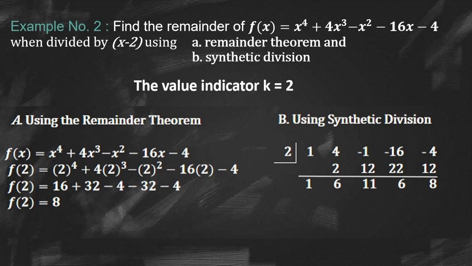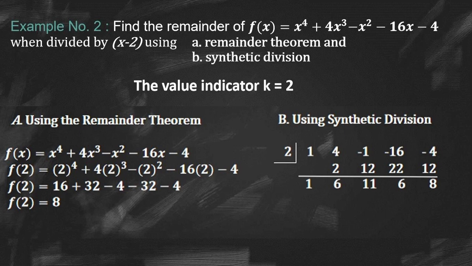Let's move on to the use of synthetic division. By setting up, we are going to use 2 as the value for synthetic division. We write the coefficients: positive 1, positive 4, negative 1, negative 16, and negative 4.